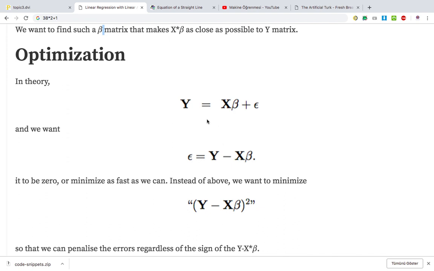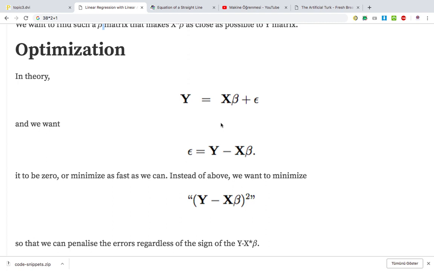So if left hand side and right hand side are equal to each other, if you subtract the right hand side from the left hand side, it should be equal to 0, right? But we have randomness in our data set, so we need to minimize the error.